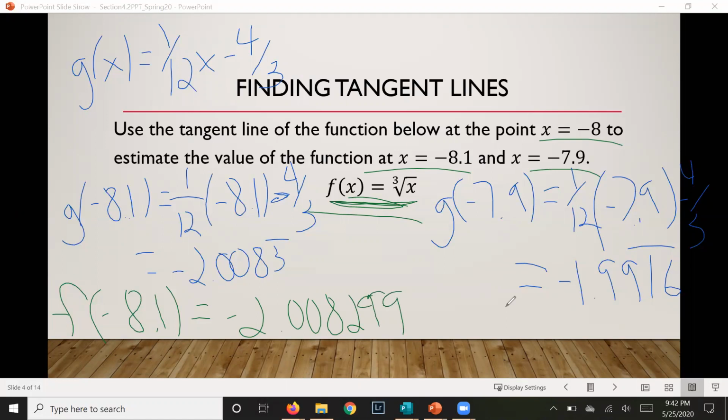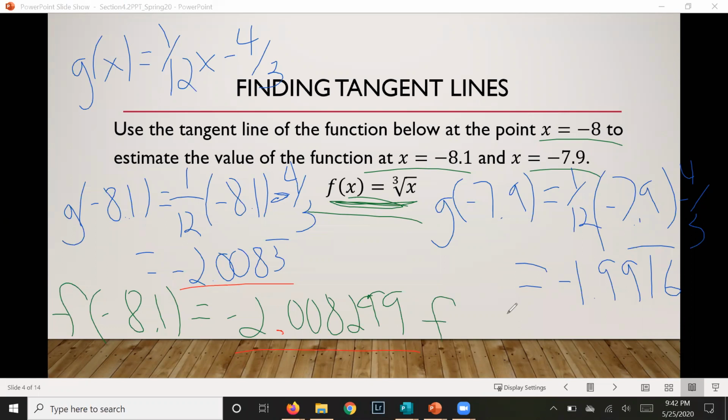Notice that what we've got there is not exactly the same as what the equation of the tangent line gave us, but it's pretty darn close. We're only off by like 0.0001, and not even that much. So our estimation there was pretty darn close.